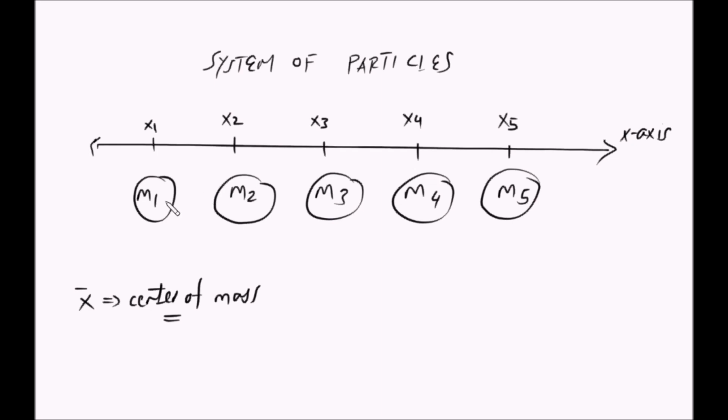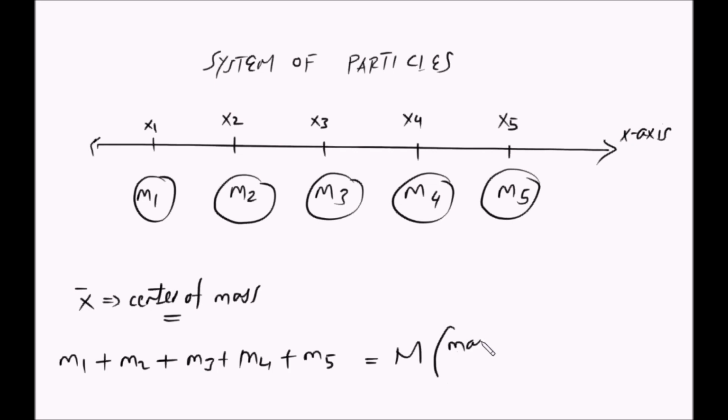You see M1 nilisema ni mass ya huyu particle wa kwanza na M2 na kadhalika. So tuna mass ya system nzima. Hiyo mass ni M1 plus M2 plus M3 plus M4 na mwisho plus M5. Hiyo ni mass ya system nzima.